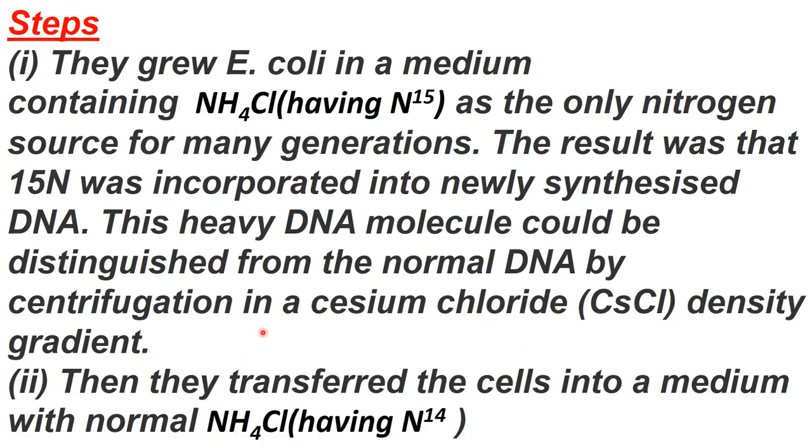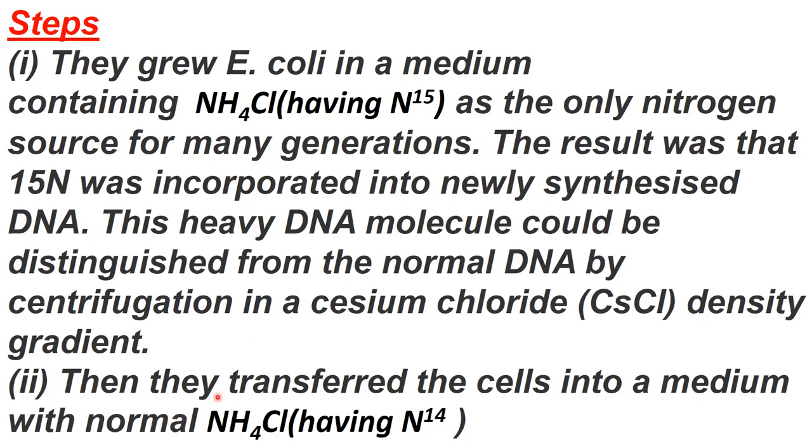So this is a method of centrifugation, and here normal DNA can be distinguished from heavy DNA. Normal means where the normal isotope of nitrogen is present, and it can be distinguished from the heavy DNA, where the heavy isotope of nitrogen, that is N15, is present.